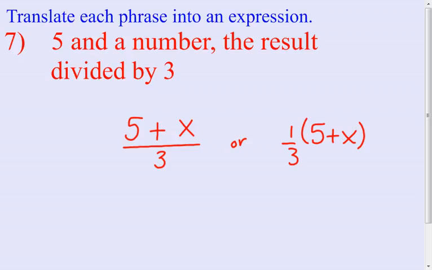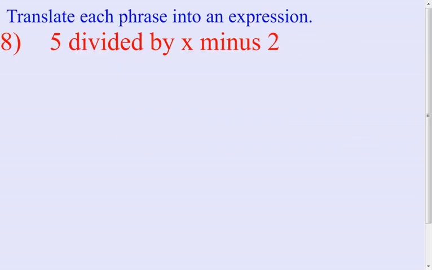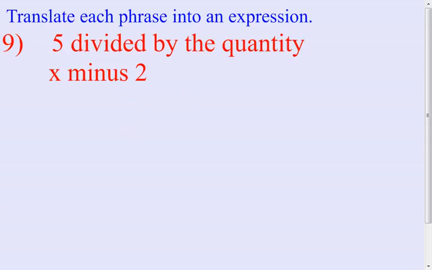Okay? Now, I want you to read the next two together and see how they sound and look differently. 5 divided by x minus 2. That's how that one would be written. Then in the next one, 5 divided by the quantity x minus 2.